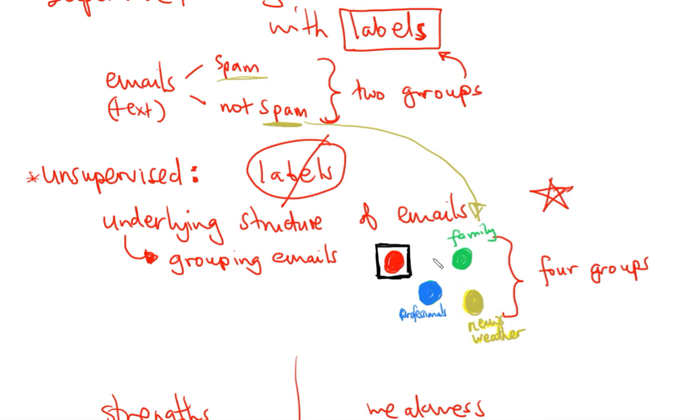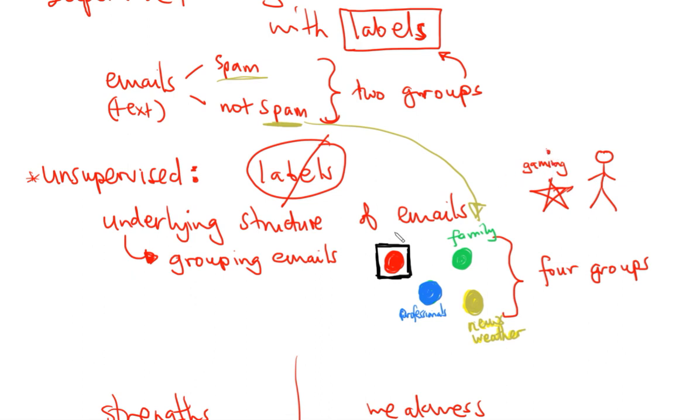Unsupervised has the power to say it doesn't fit into any of these groups, and if you set it up in a pipeline, it will trigger a human. A human will come and say, oh yeah, this email really doesn't fit into any of these. Where is this email coming from? Maybe it's an email from gaming. Let's say you subscribe to gaming stuff. It's an email about your gaming profile or whatever it is.